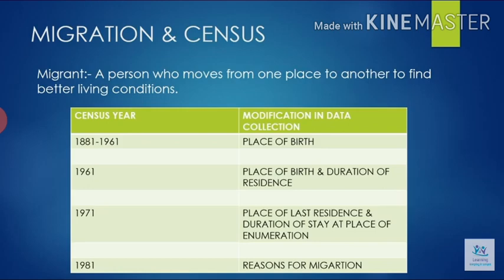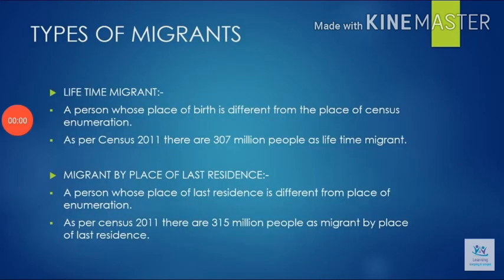Place of birth means lifetime migrants. And place of residence means migration by place of last residence. Now the difference between place of birth and place of residence is clear.